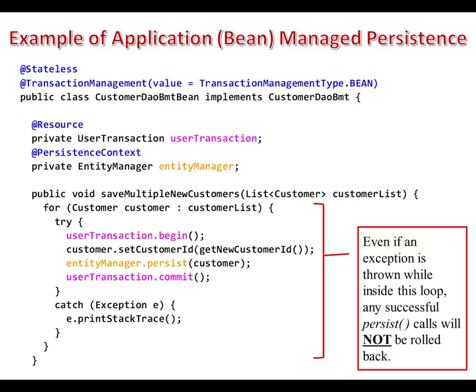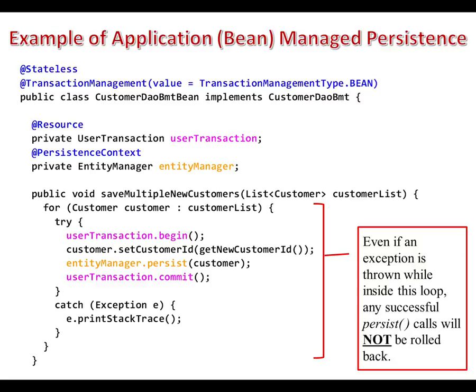Now here's an example of why you might want to do this. This piece of code, obviously there's more to it than you see here, but basically it says save multiple new customers. What you're doing here is giving it a list of customers, and then you step through them one by one and attempt to create a new one, persist it to the database, and then commit it.